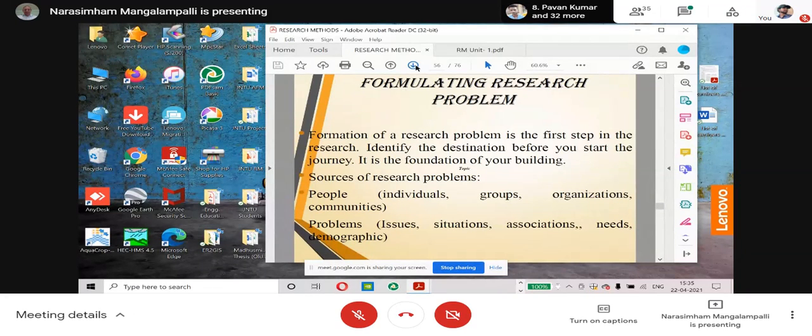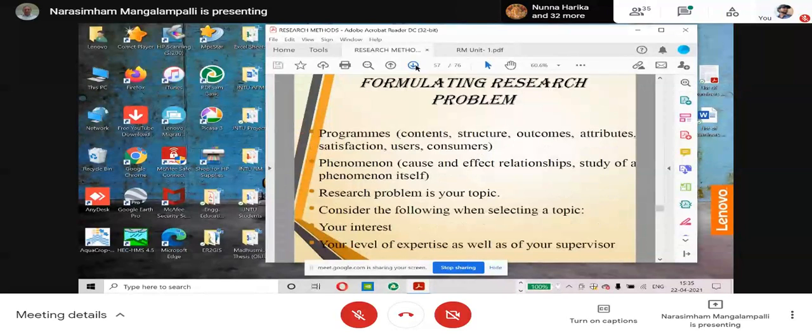Similarly, instead of discussing with people and identifying problems through them, you yourself can physically observe an issue, what happened in a situation, or what the needs of the industry are. Based on this, you can formulate your research problem.